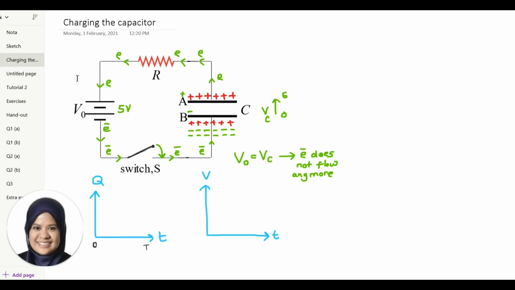Q saya daripada kosong lama-lama akan sampai maksimum sehingga satu ketika dia jadi constant.